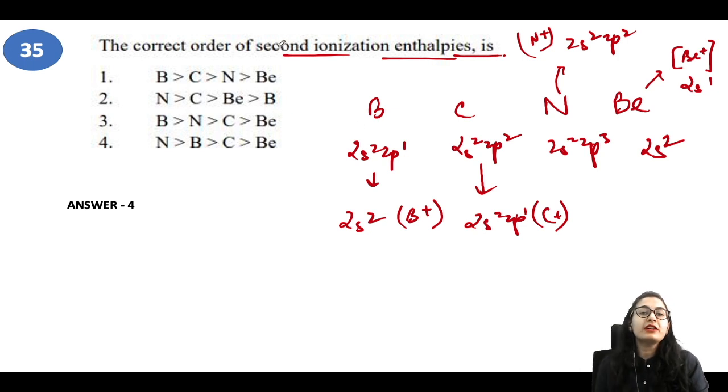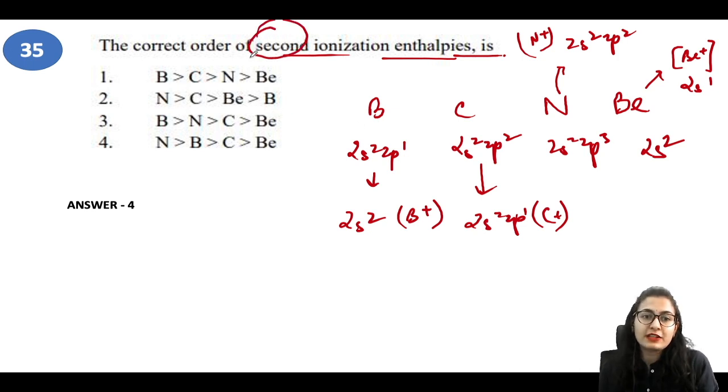But here we are talking about second ionization enthalpies. So once again, who is going to be having the maximum energy? Where is the maximum energy required?